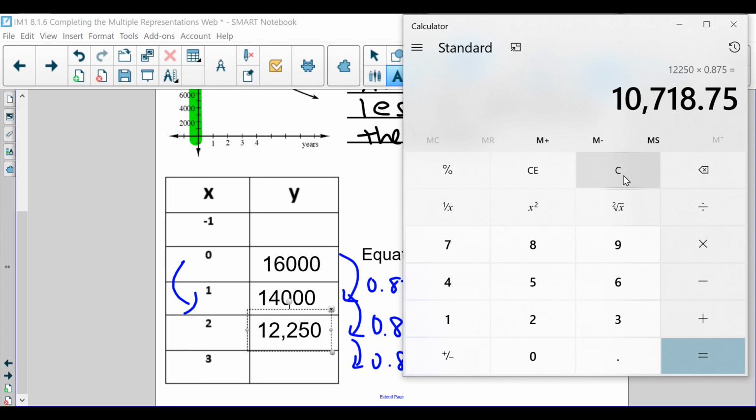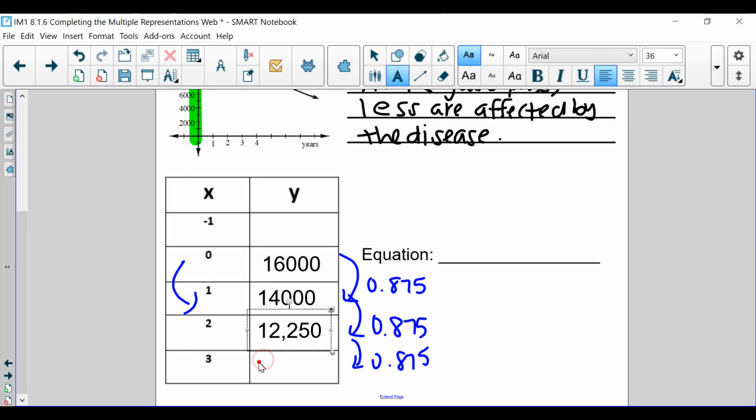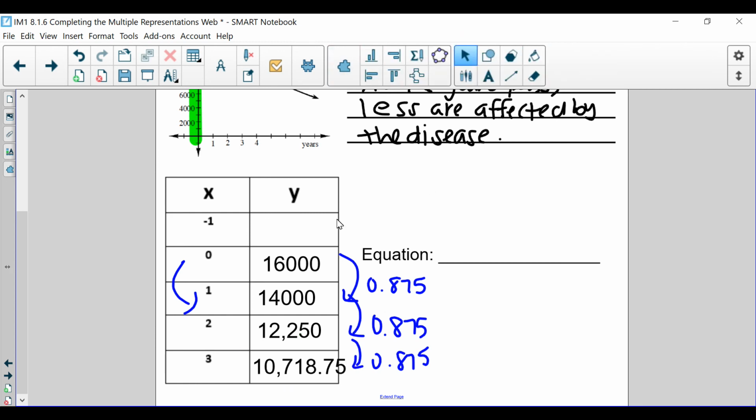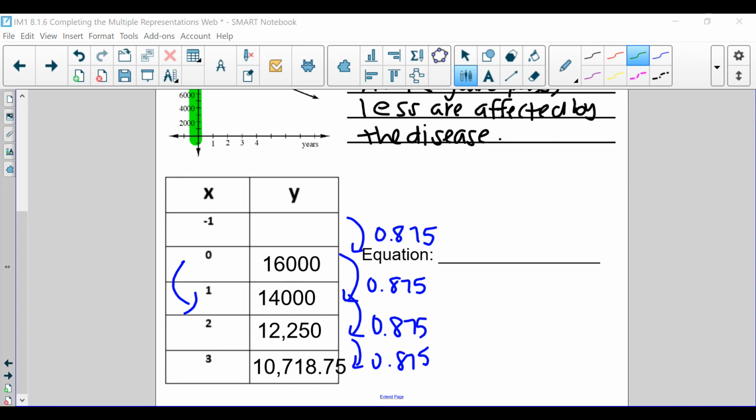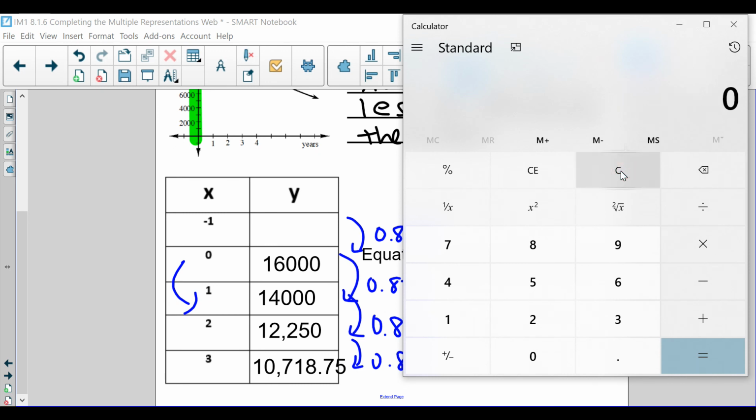We've got 10,718.75. And then how do we go backwards? How do we figure out, well, what number times 0.875 will be 16,000, right?